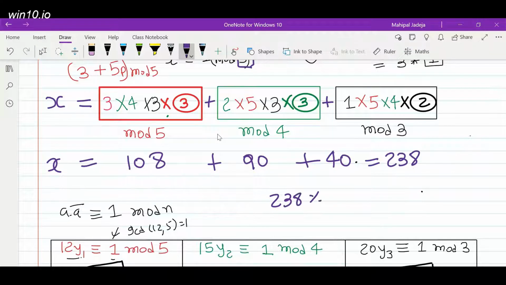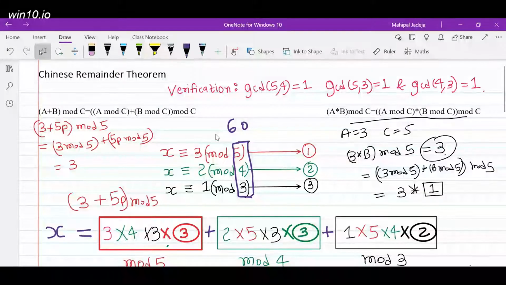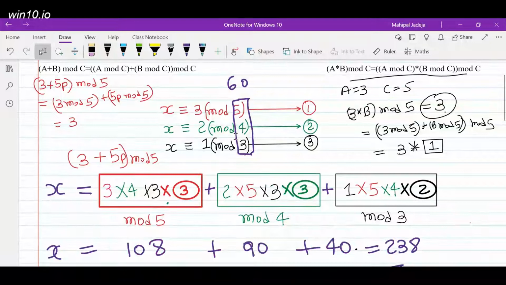So if I perform 236 modulo 60, then I will get 58. And now you can verify 58 modulo 5 is nothing but 3, 58 modulo 4 is nothing but 2, and 58 modulo 3 is nothing but 1. So now we have solved this particular question.